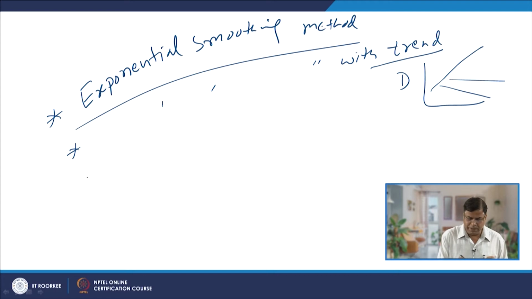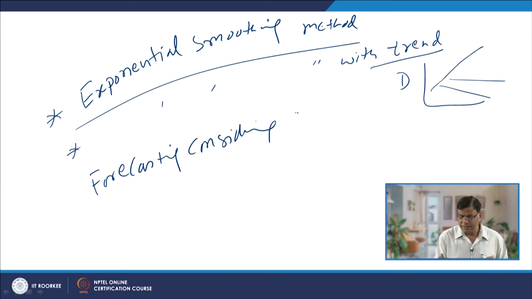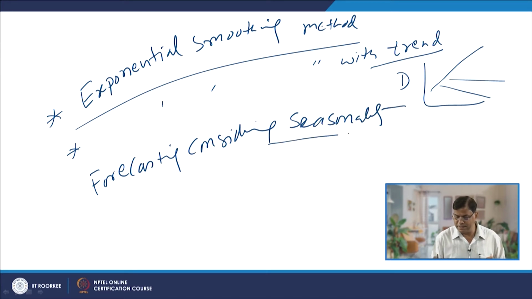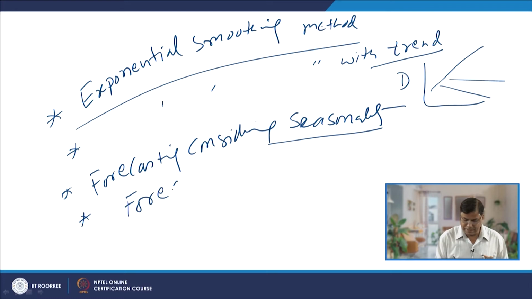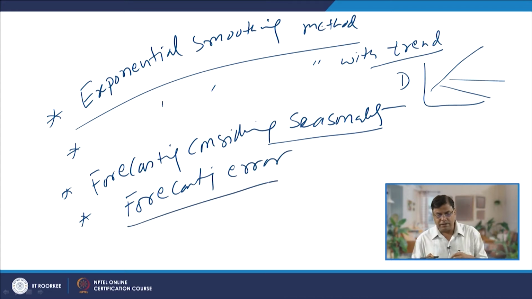Thereafter, we will be talking about forecasting considering the seasonality factor. So, considering the seasonality, how to do the forecasting, and then we will also try to talk, as per the availability of time, about forecasting error, like how accurate a forecasting is and what the methods are to calculate the forecasting errors.